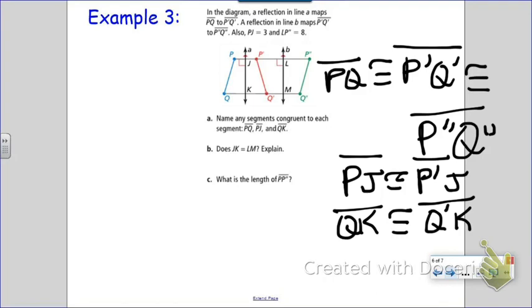The next question: does JK equal LM? So from J to K and L to M, they are equal or congruent.